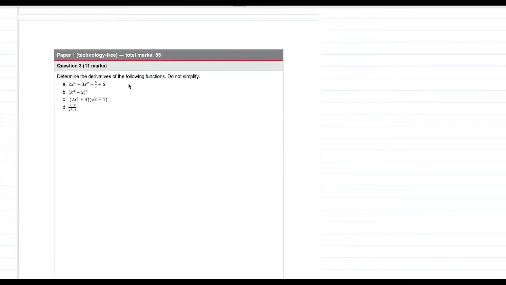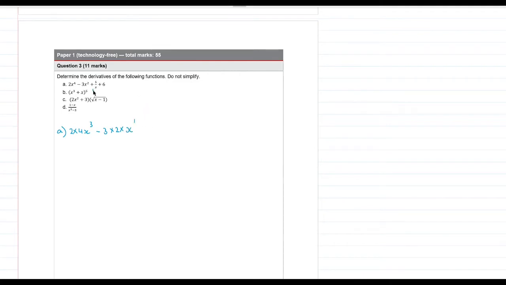Question 3. Determine the derivatives of the following functions. Do not simplify. Alright, so for a, here we can do 2 times 4x to the 4 minus 1, which is 3, minus 3 times 2 times x to the 1.